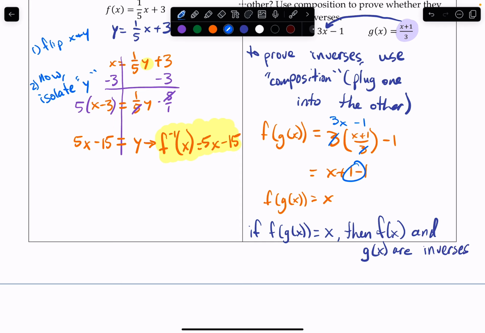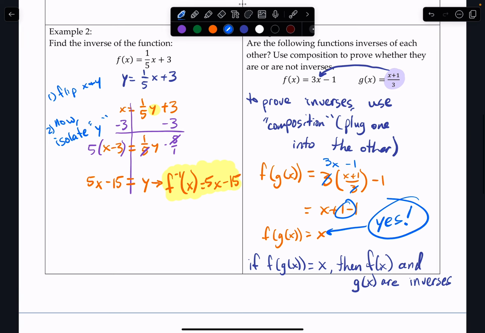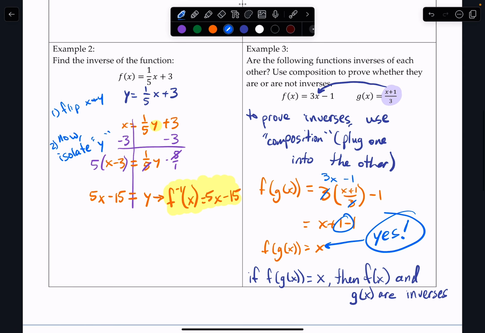So, since we got an x here, the answer is yes. And that would actually be your final answer. Hey, I simplified that down to x, therefore they are inverses, and the answer is yes.